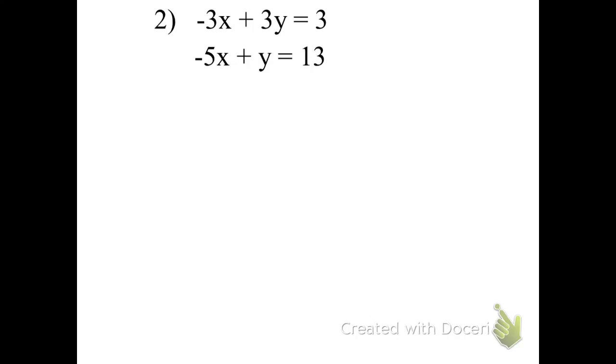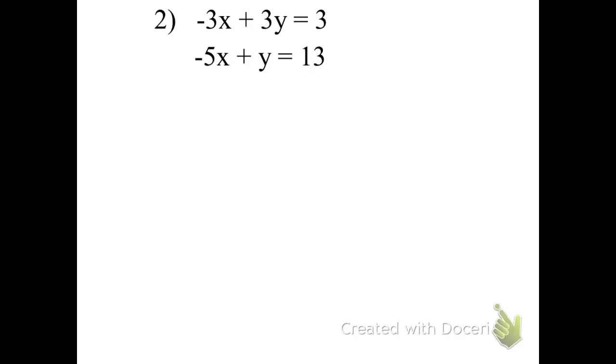This one, I'm looking at it and I'm searching for something that tells me whether to use substitution, graphing, or elimination. Something I notice is all my variables are on the left, which means that substitution can happen, but I have to do some extra steps to be able to substitute.